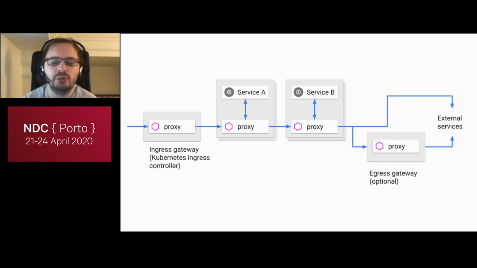But the general capability is they have an ingress gateway to track and manage all of the traffic coming into a Kubernetes cluster. In this case, that ingress will forward traffic on to the certain applications running inside of your application.